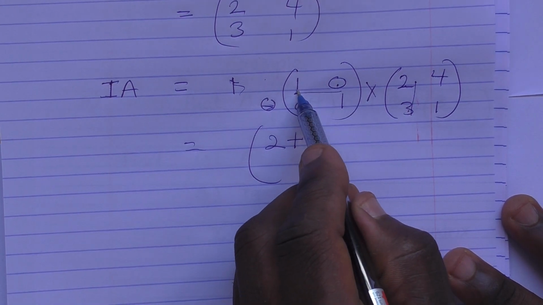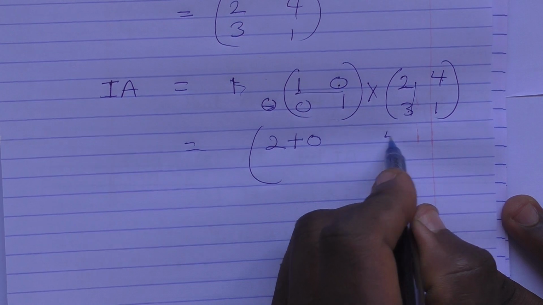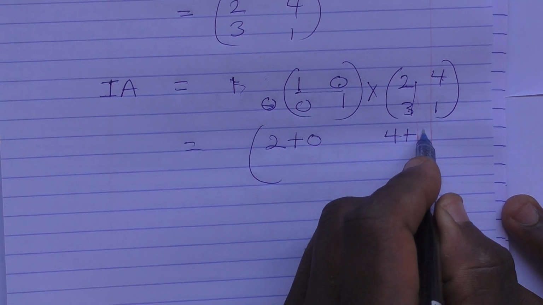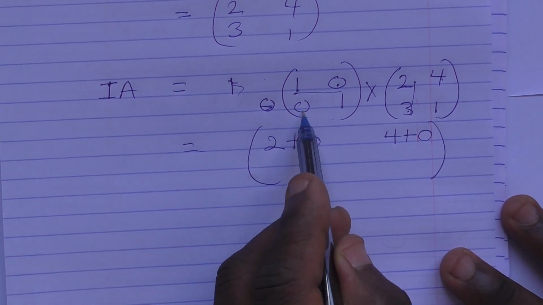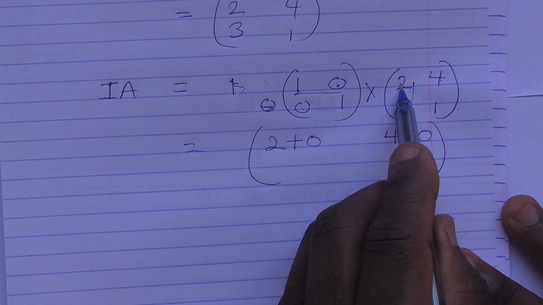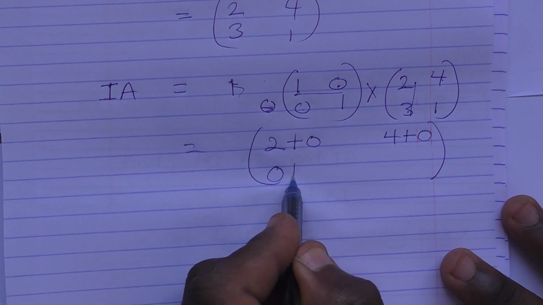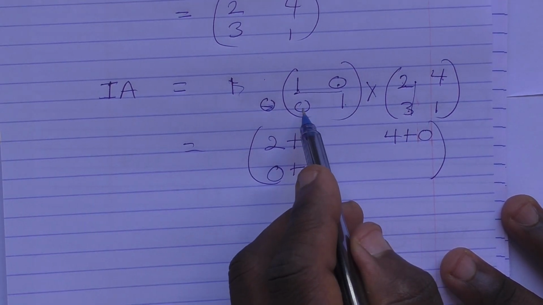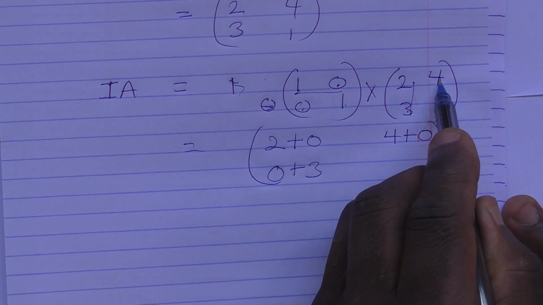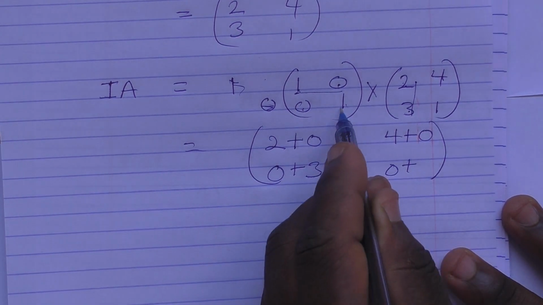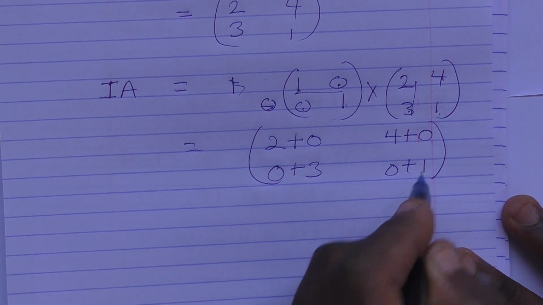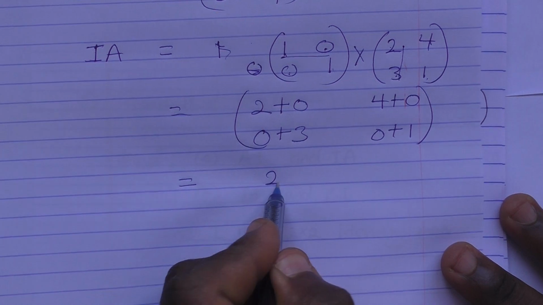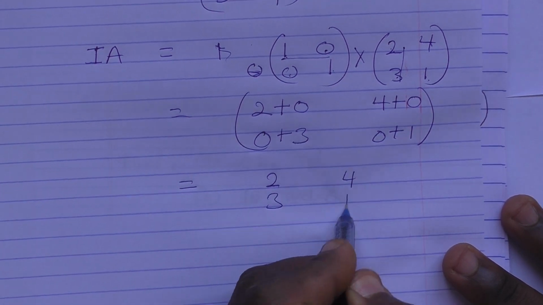Then 1 times 4 is 4, plus 0 times 1 is 0. We come down: 0 times 2 is 0, plus 1 times 3, 3. Then 0 times 4 is 0 plus 1 times 1, which is 1. So we shall end up with 2, 4, 3, 1.